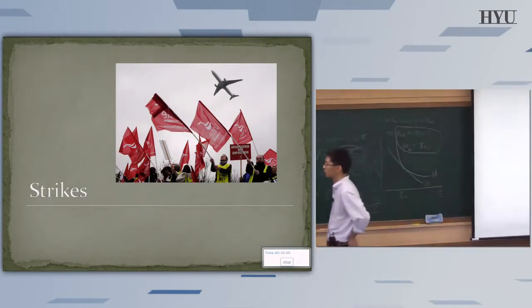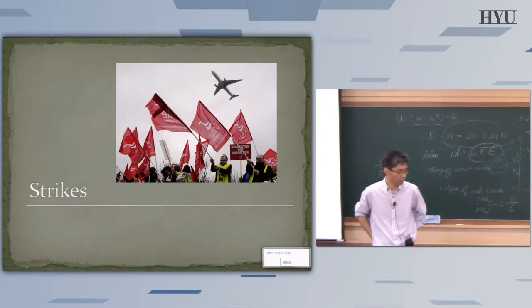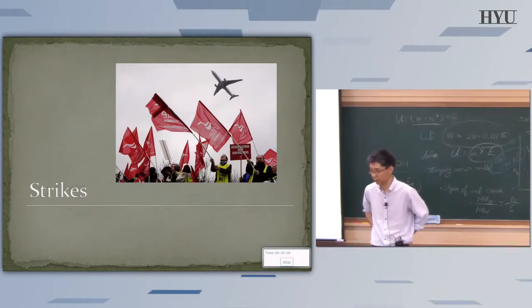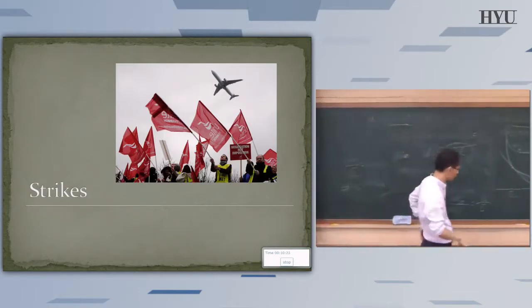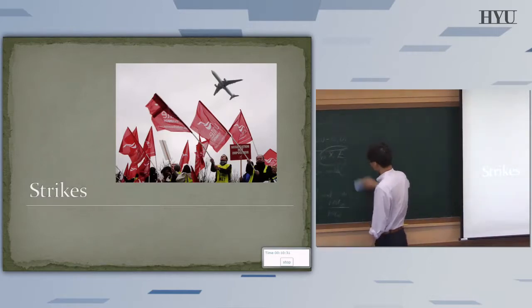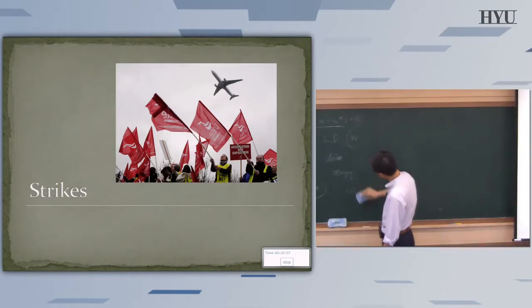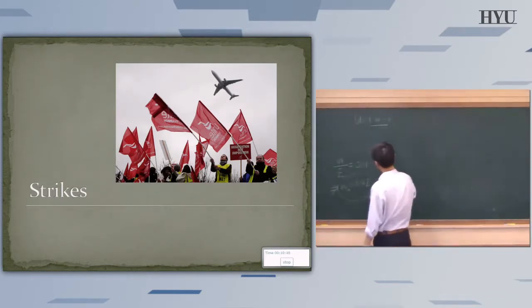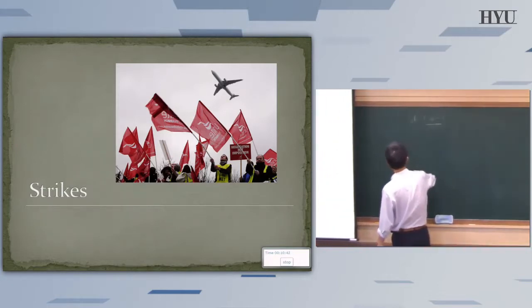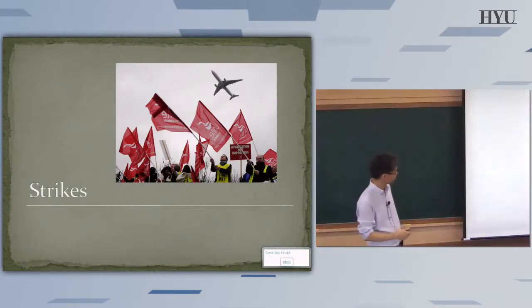In some cases the bargaining breaks down, and the union goes on to strike, basically refusing to work. That's the activity the union undertakes, trying to hurt the management so that they can persuade management to give what the union wants. So that's the next topic of our study of unions.